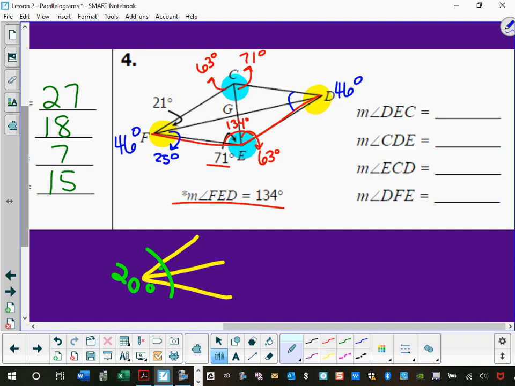So if I want to break down angle D, I just flip it: 25 and 21. So now we have all my angle measures. All we did is basically, here's my parallelogram.